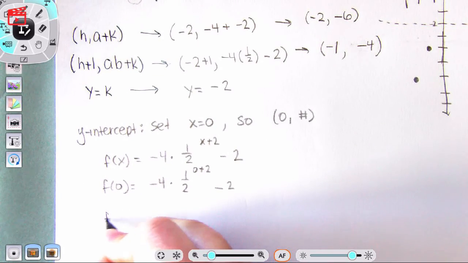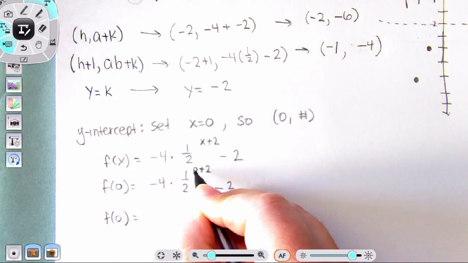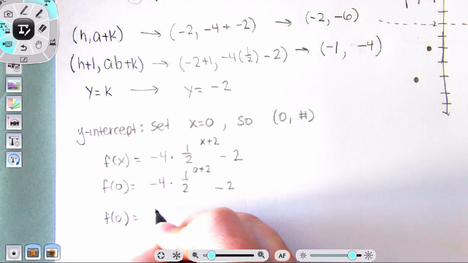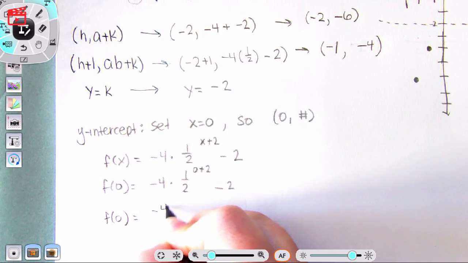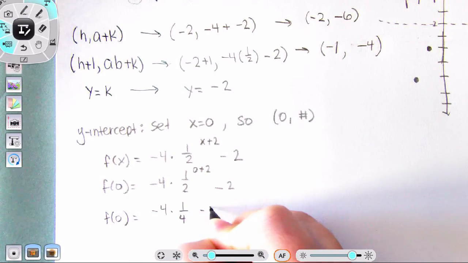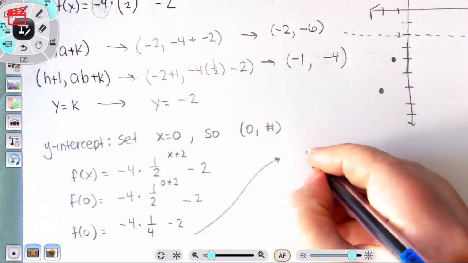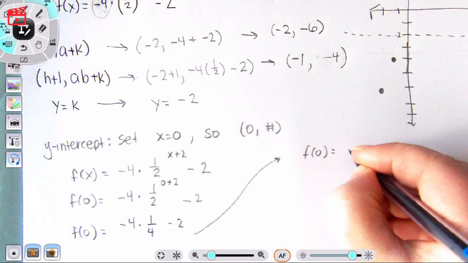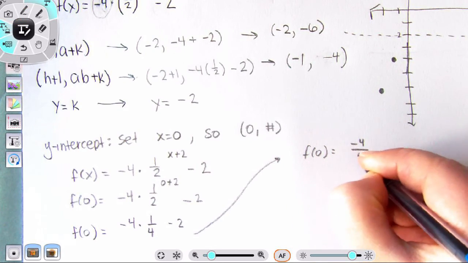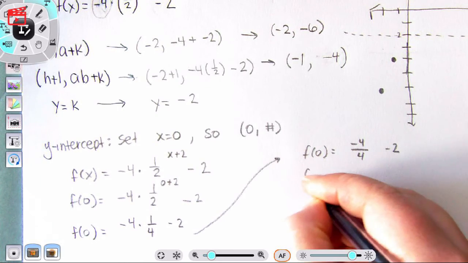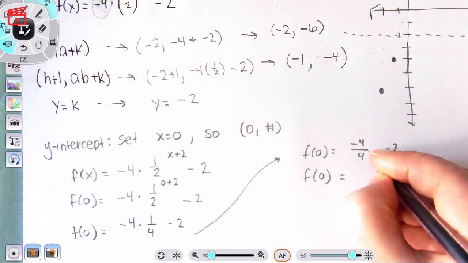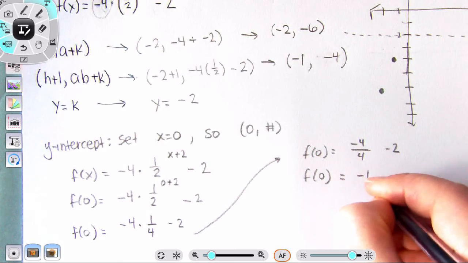So then let's see what we have. We have f of 0 is equal to, we just have 1/2 squared, which is 1/4. So I have -4 times 1/4 minus 2. So I'm going to continue up here. So I have f of 0 is equal to -4 divided by 4 minus 2. So f of 0 is equal to, what is this, -1 minus 2.